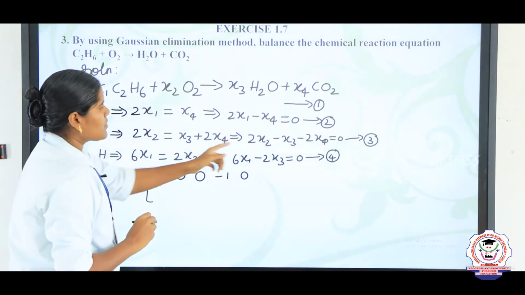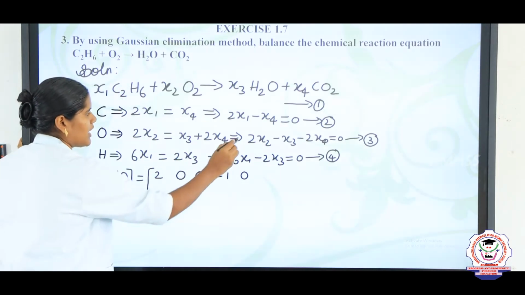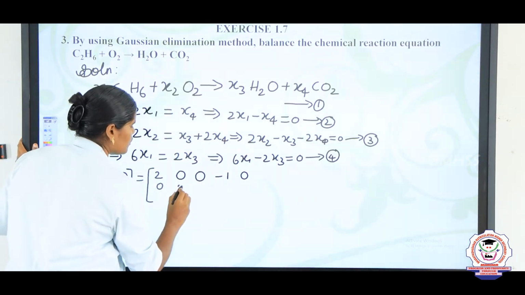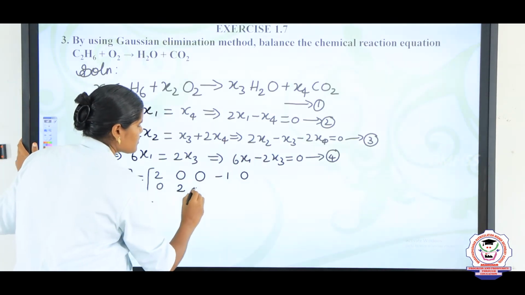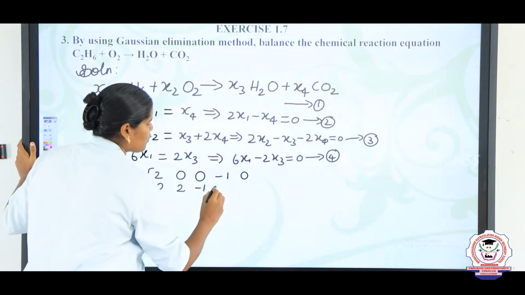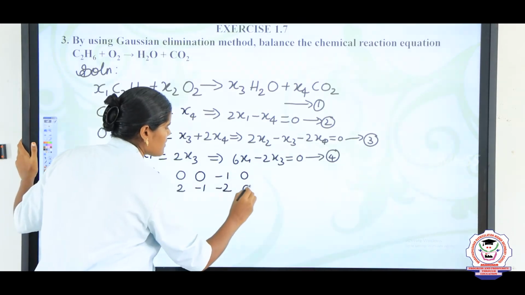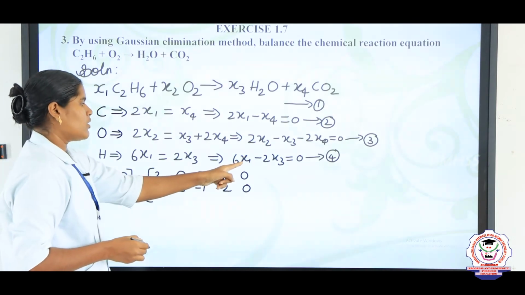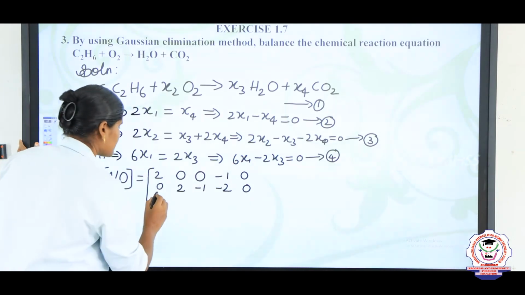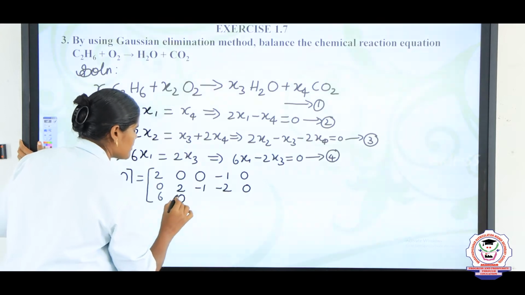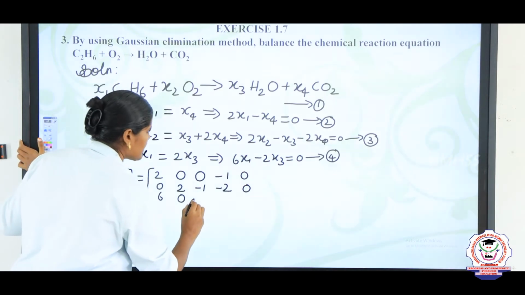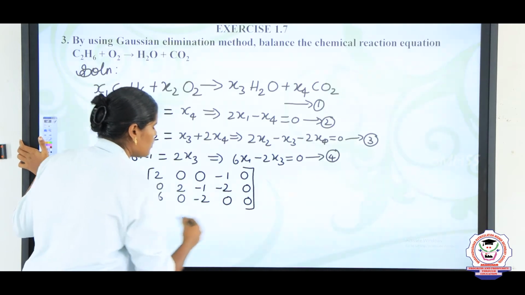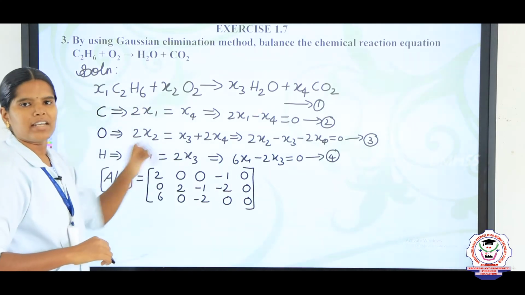From the third equation, x1 value is 0, x2 coefficient is 2, x3 coefficient is minus 1, x4 coefficient is minus 2, and 0. And the final equation contains coefficient of x1 as 6, x2 coefficient 0, x3 coefficient minus 2, 0, 0. So this is the augmented form of the given equation.